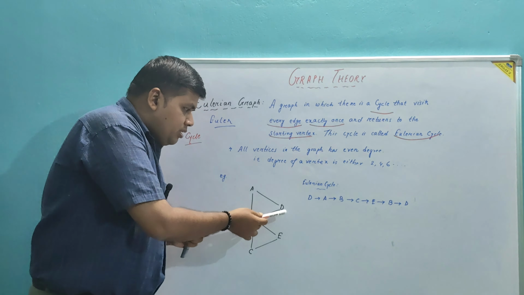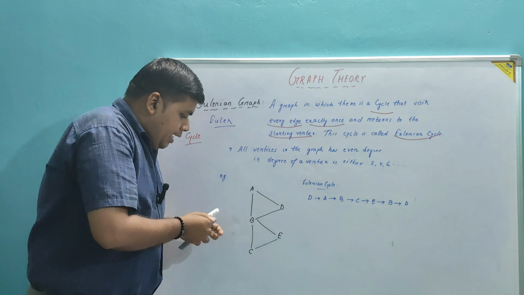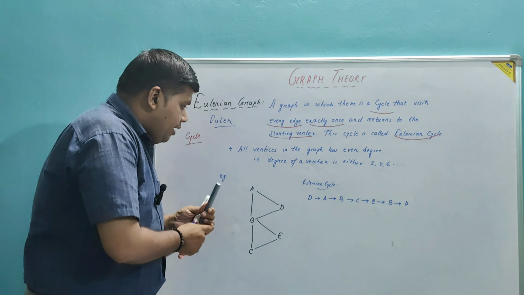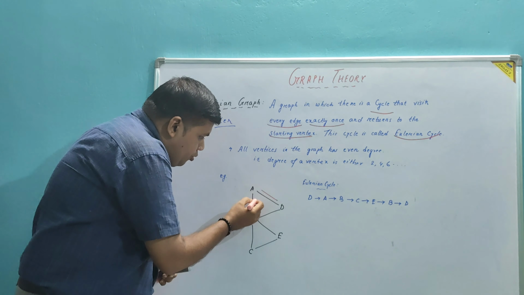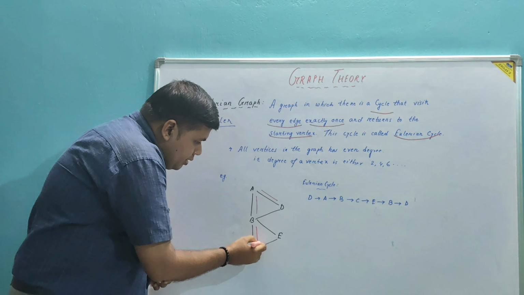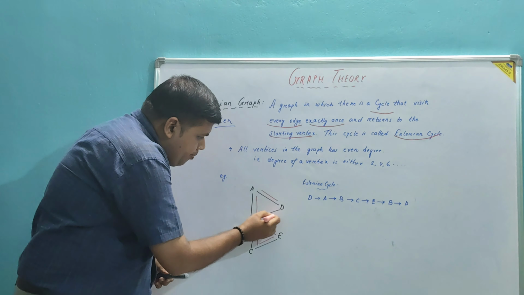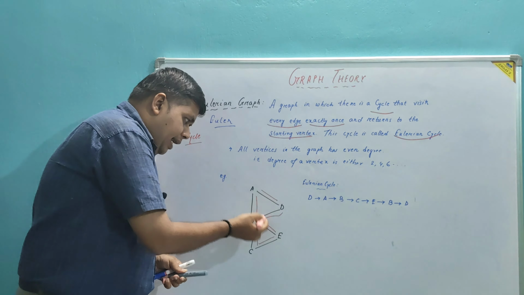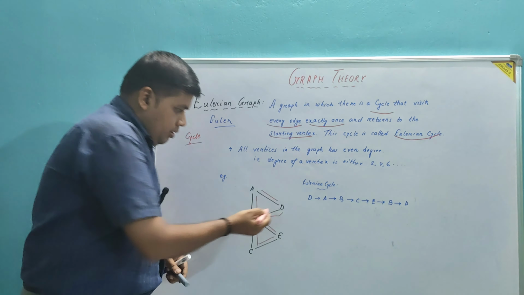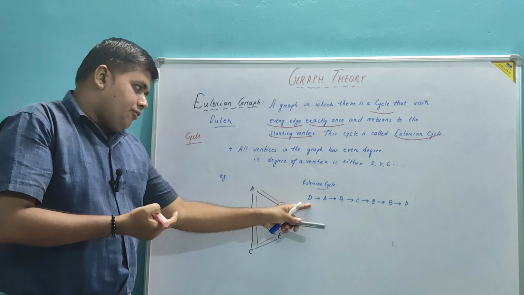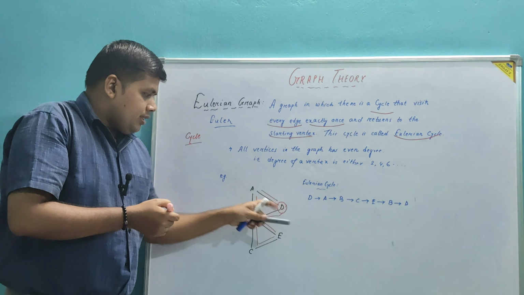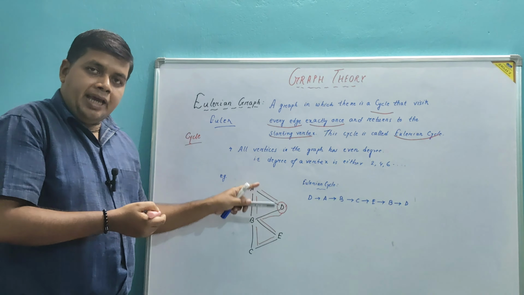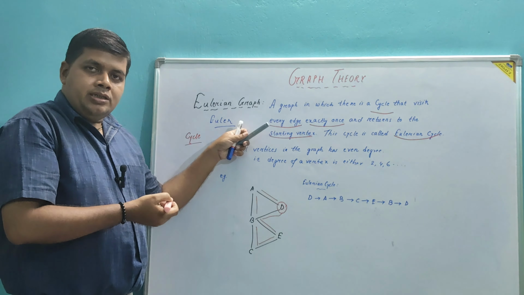Here we observe that if we start from the vertex D and move towards A, from A we move to B, B to C, C to E, E to B, and again B to D. So all the edges are covered, and we are coming back to the original vertex, that is D. So it is a cycle, and it is touching each and every edge. Therefore, it is called an Eulerian graph.